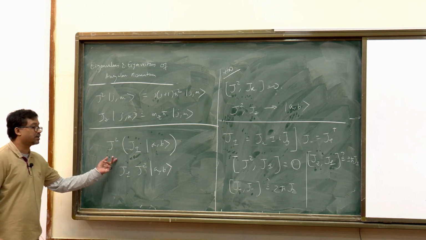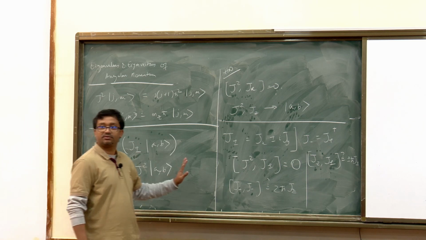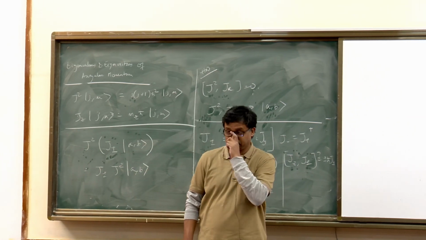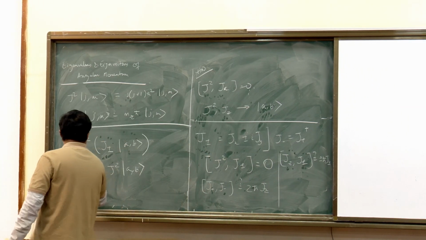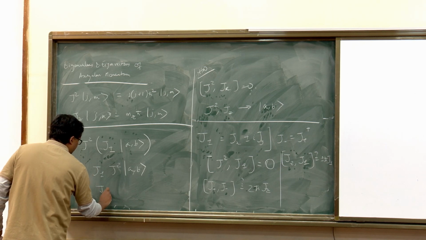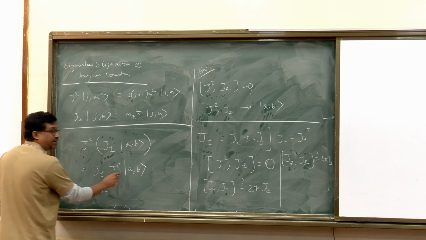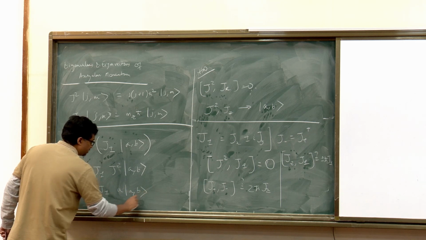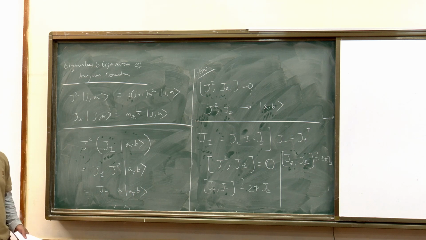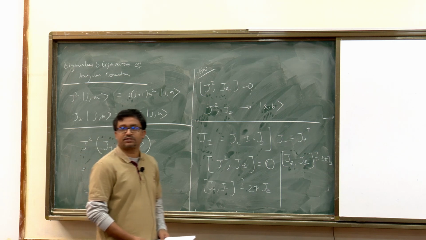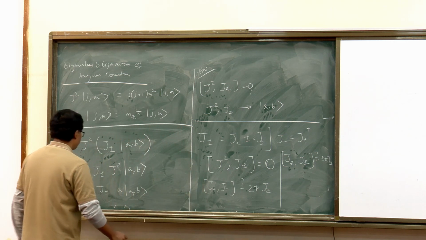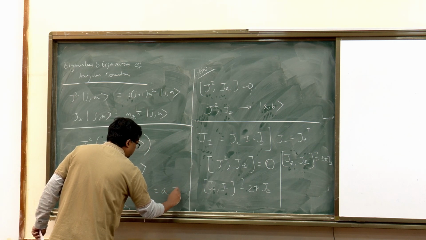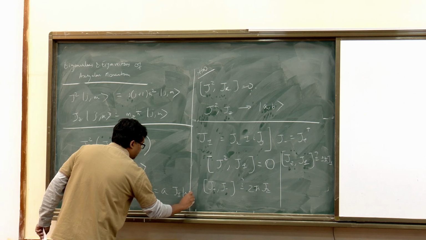We switch the order because they commute. Okay. So, this is equal to J plus minus, and J square operating on AB should give you A times AB, because A is the eigenvalue of J square. So, this is equal to A times J plus minus acting on AB.